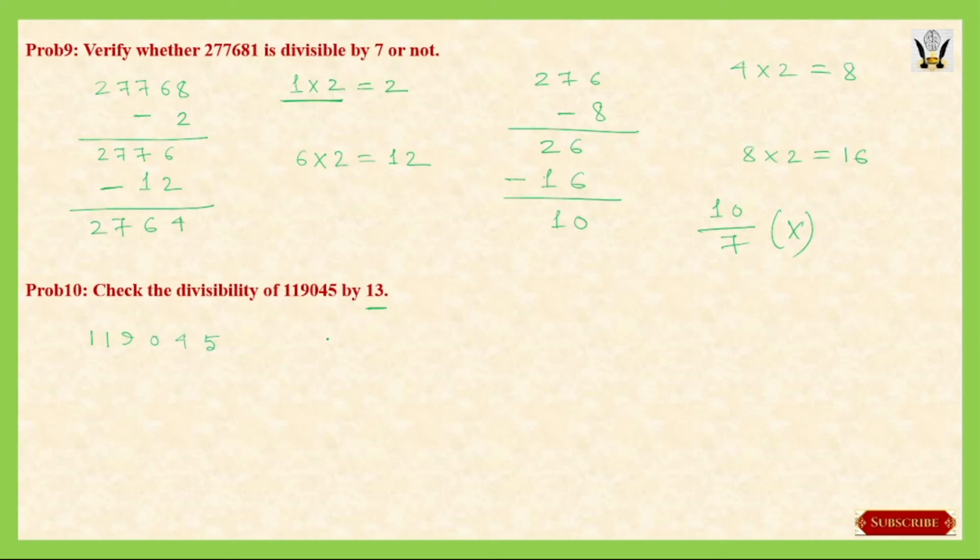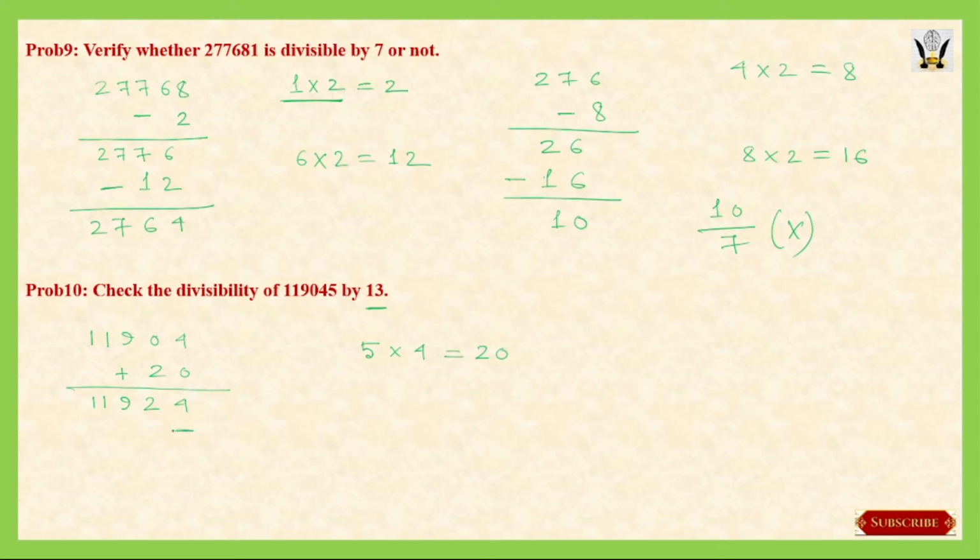In this case, again we choose the digit at the units place, and that digit we multiply by 4 this time, not 2, so it will be 20. Then we add that result of multiplication to the rest of the number. So the result of addition will be 11924.